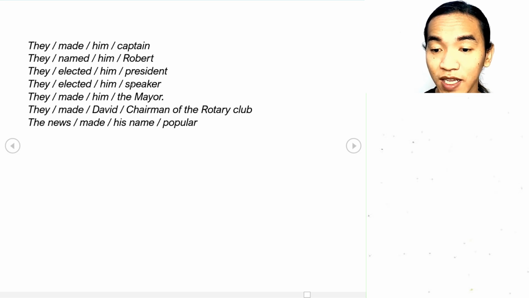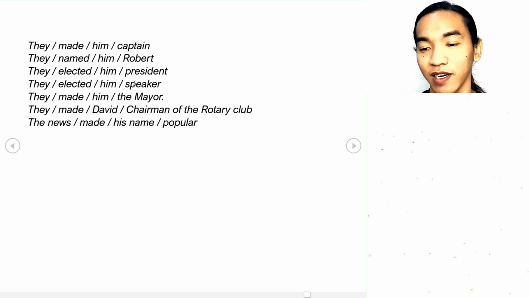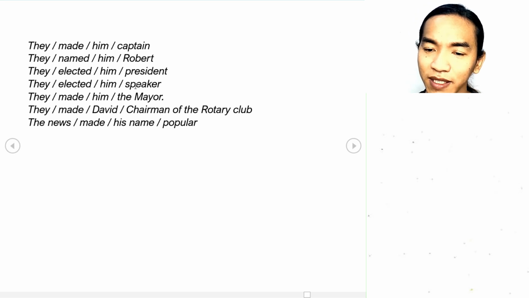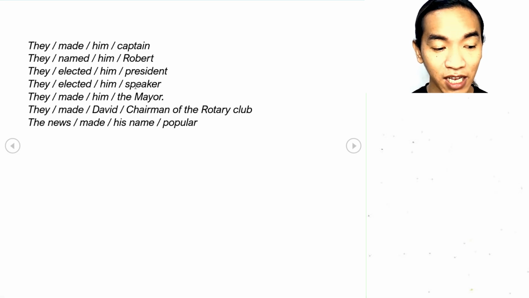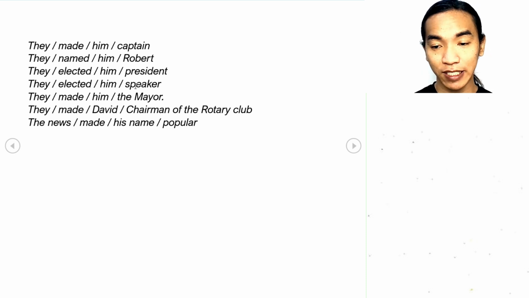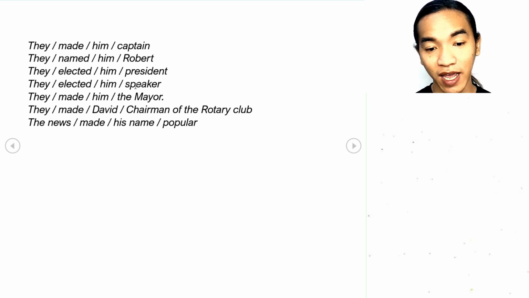The news made his name popular. Okay, so take a look at this one. As you can see, we only have some limited verbs here, but definitely we can use more verbs to provide more examples for this sentence pattern. Again, this is your subject, verb, object, and complement.